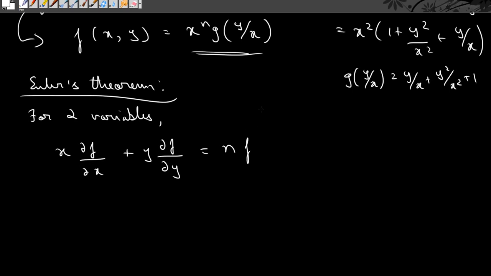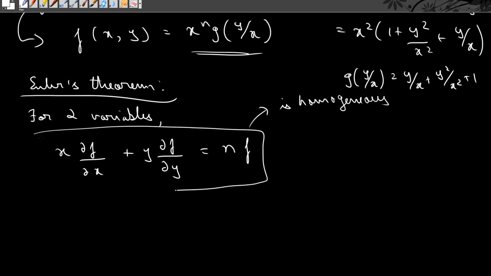Okay, so here f is homogeneous, so this is true only for homogeneous functions. So this is what Euler's theorem says in the case of two variables.